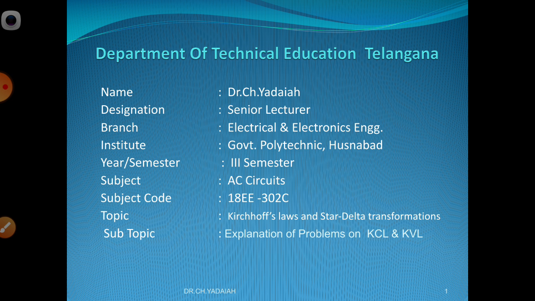At that condition, it is tedious to solve the problems with Ohm's law. This can be avoided by the two laws our scientist Kirchhoff found: one is Kirchhoff current law and the other is Kirchhoff voltage law.